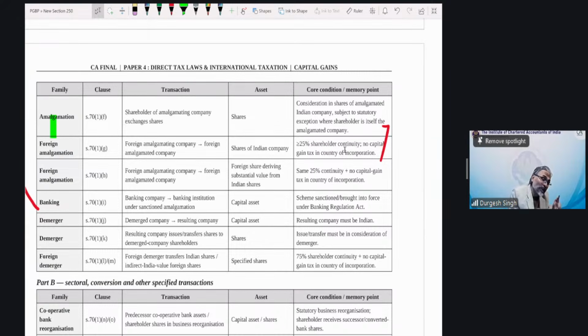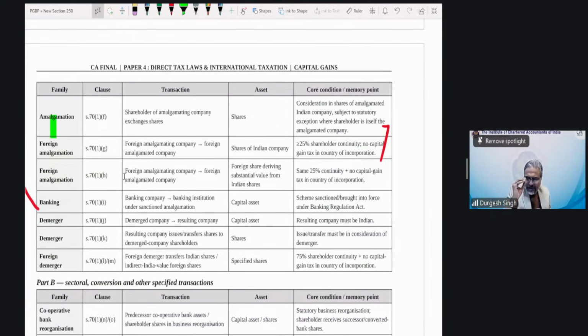At least 25% in value. Is that clear to all of you, students? Now this part, students, the next foreign amalgamation 71H, you will learn only when you do international taxation, non-resident taxation part 1. At that point of time only, students, you are going to appreciate these nuances.